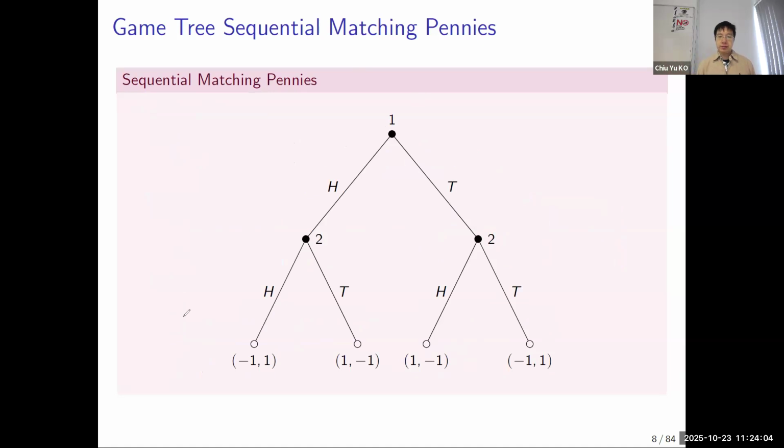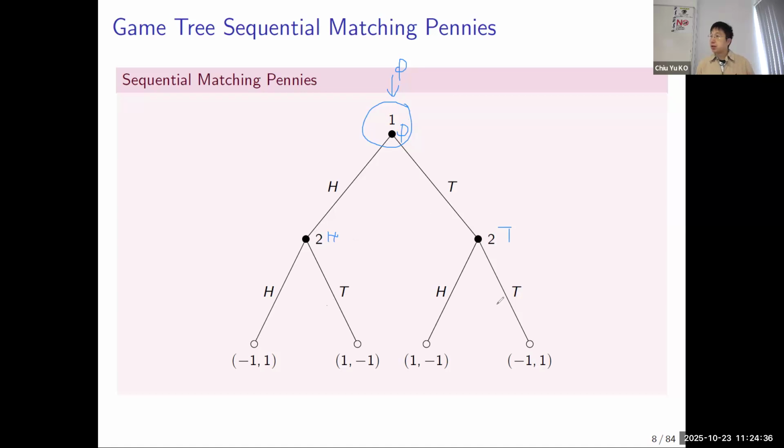Here is a tree. Usually we draw it from top to bottom or left to right. The beginning is the beginning of history, so you start from a null history. The nodes are the histories: this is the empty history, this is H, this is T, and these are HH, HT, TH, TT.